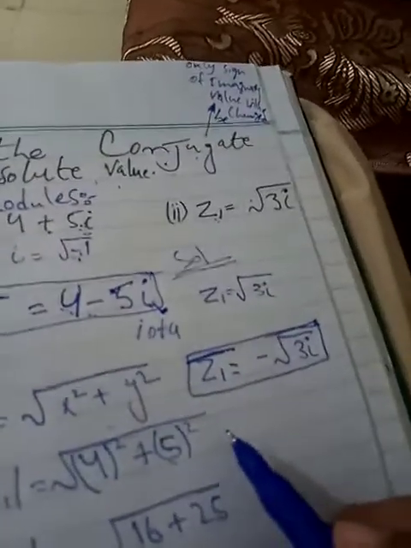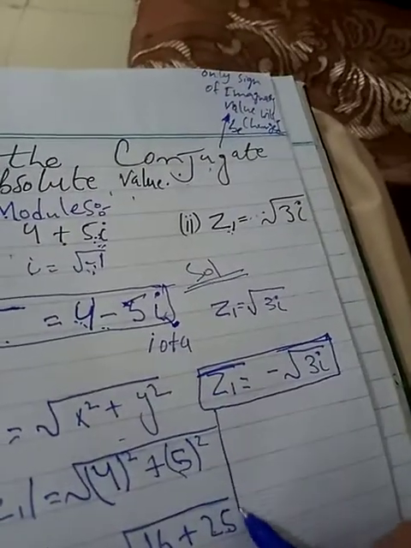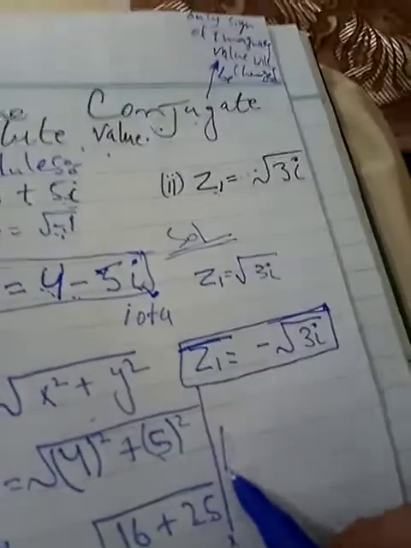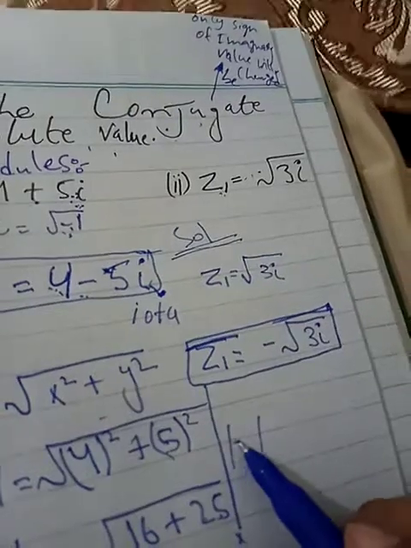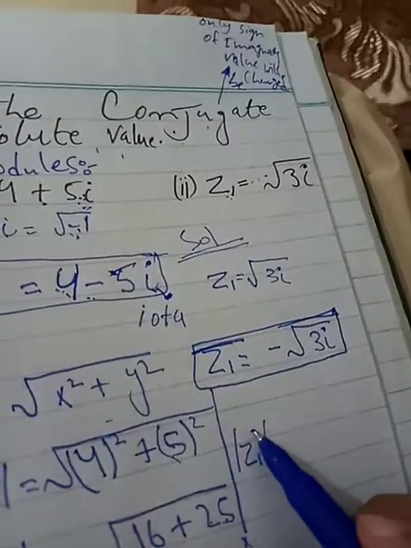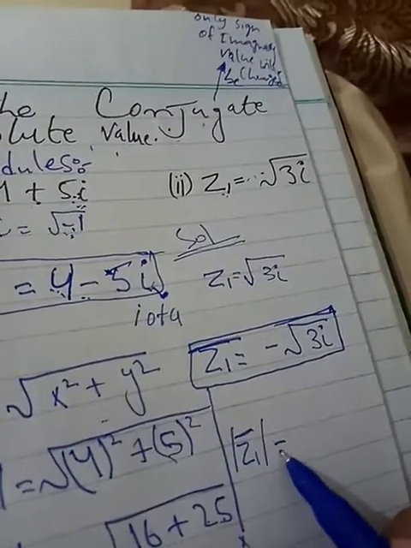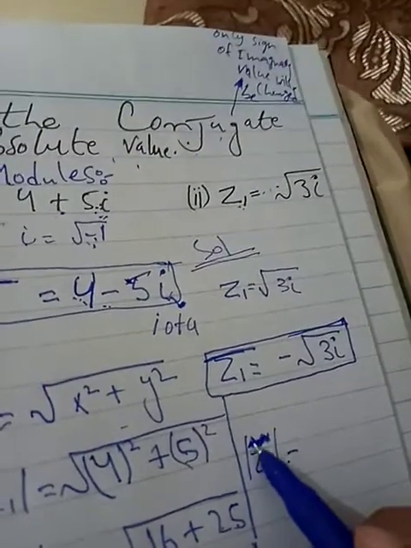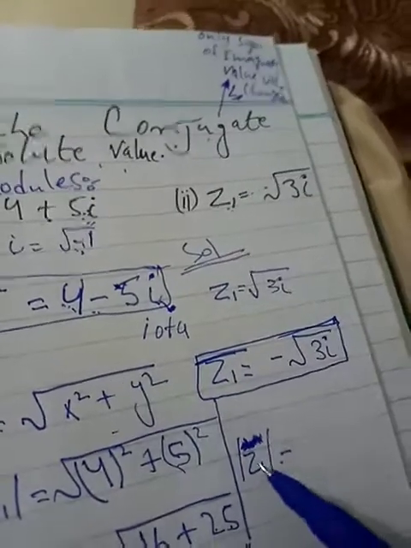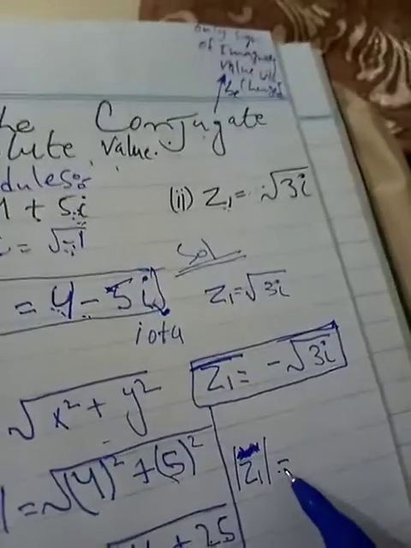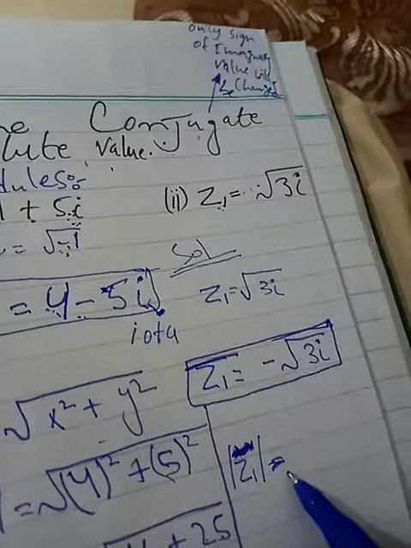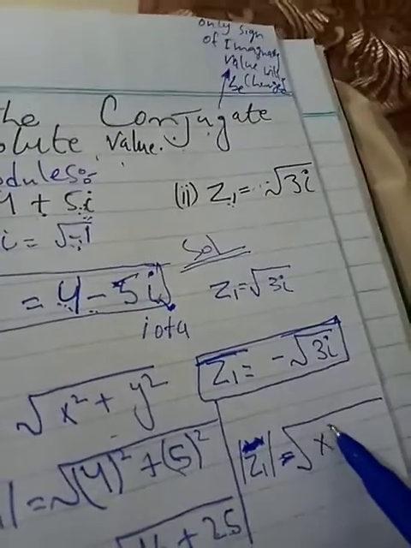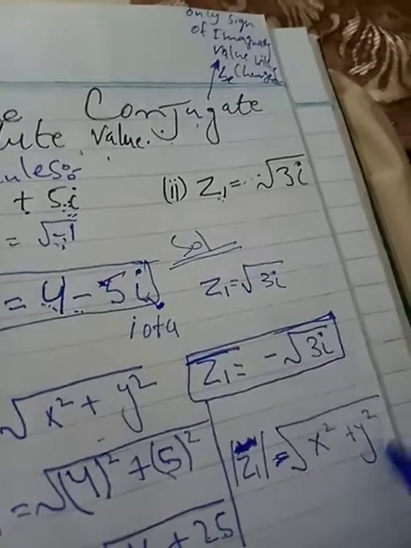Now we go for the modulus of z1. The bar will not be coming, because we are not finding the modulus of the conjugate. The formula is the radical of x square plus y square.